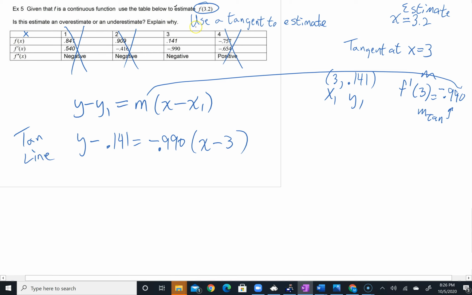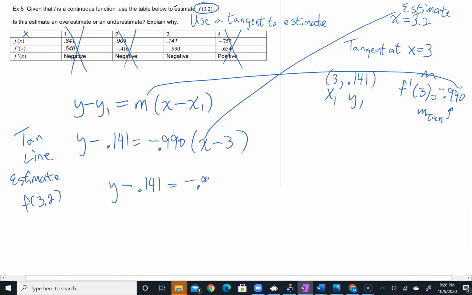But I'd like to estimate f of 3.2. That means x is equal to 3.2. So we're going to plug in that x value of 3.2, and then we're just going to do some simplifying.